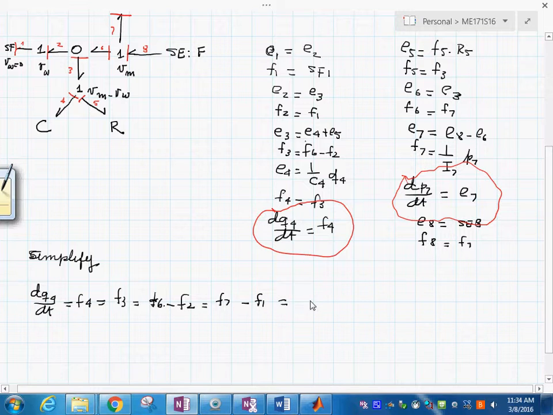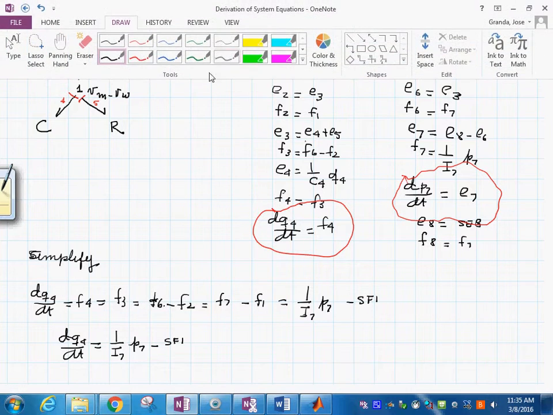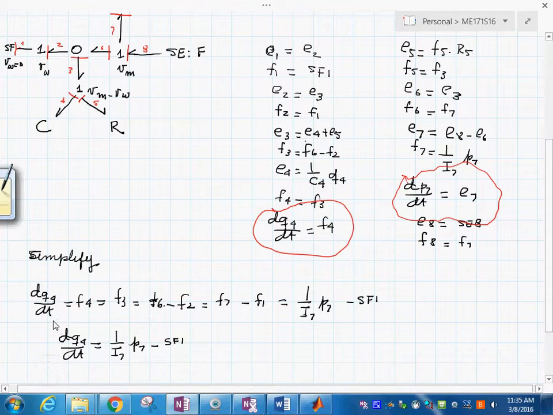Okay, simplified like this. I am going to do the same thing for the second one. Let's see, we are going to change colors again so we can write it. And here you will have dp sub 7 dt is equal to f sub 7, and f7 is 1 over I sub 7 p sub 7.